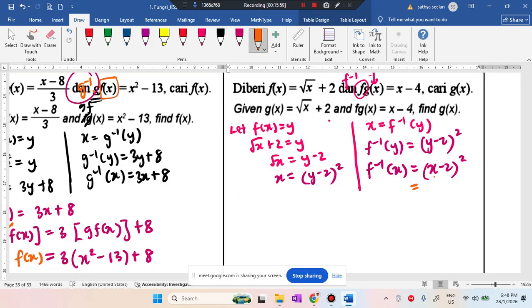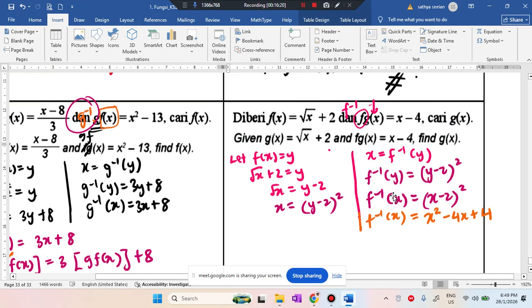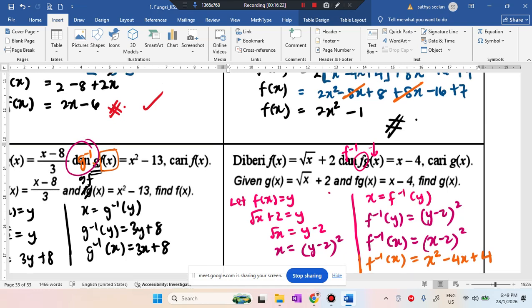I expand, okay. So, you already see where is your position of F inverse, right? So, outside, right? So, you must start with the outside function first. F inverse X adalah X square minus 4x plus 4. Sekarang, dalam X tu, kita nak ganti the composite of FG.